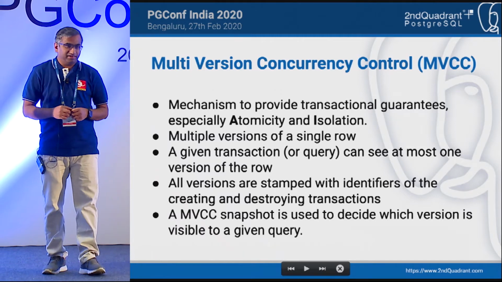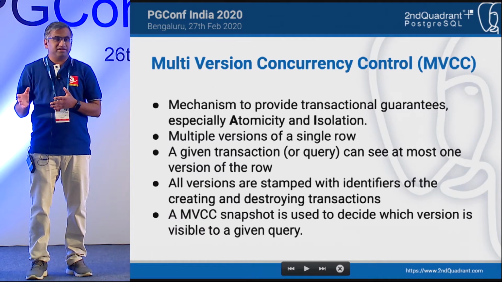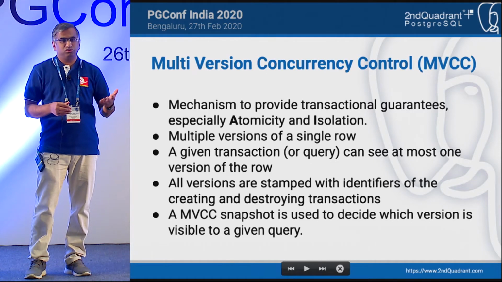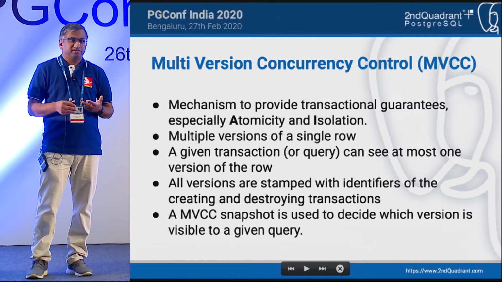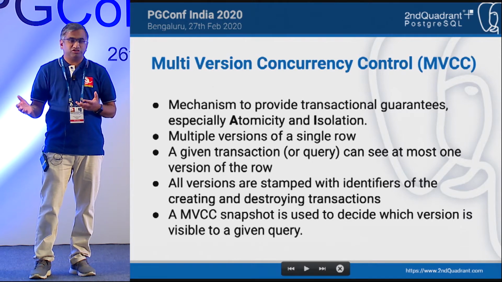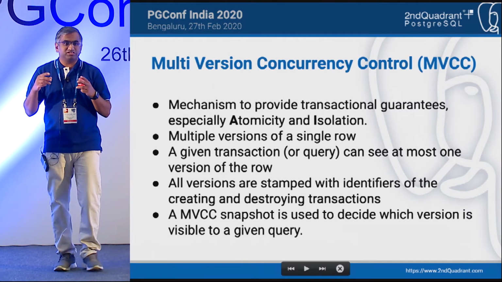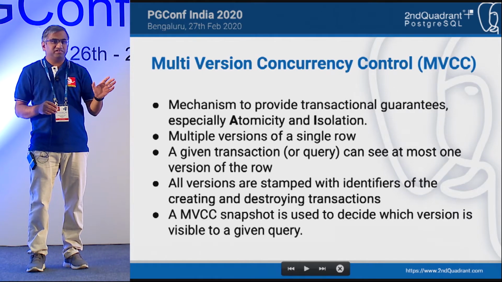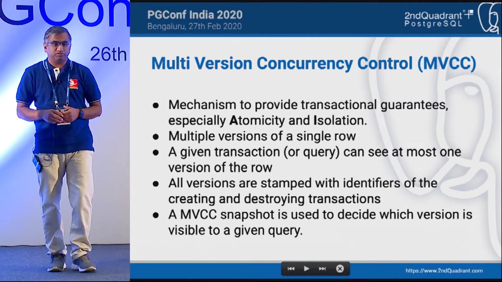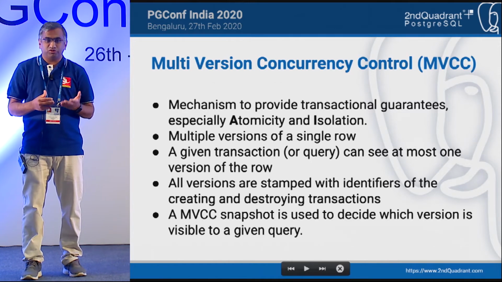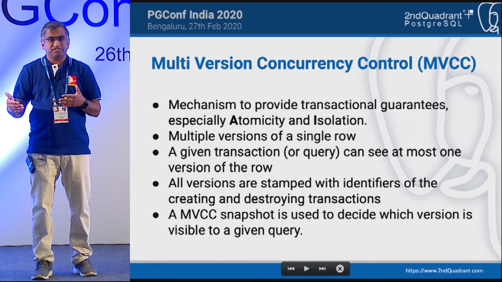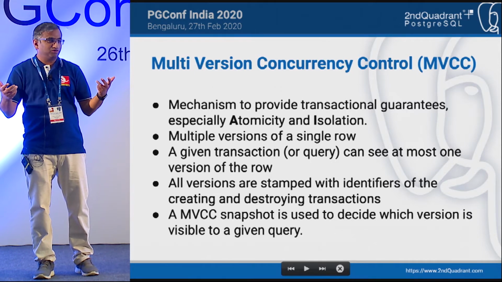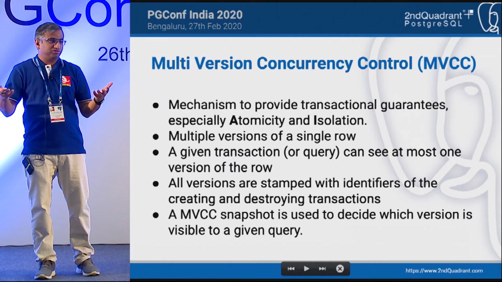So in a multi-version concurrency control system, whenever you do an update on a row, you create another version of the row. The most trivial approach could have been that you allow only one person to update that row and just deal with one version. But that's not how Postgres works. Instead, whenever you do an update, you create another version of the row, and now you have to manage these 2 versions.